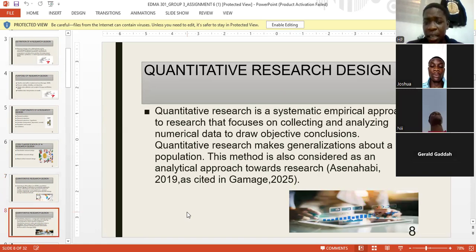We can also say it's a systematic empirical approach to research that focuses on collecting and analyzing numerical data to draw objective conclusions. And so we realize that quantitative data is not really numerical, as seen, it's not numerical. And so the data required is like in abstract form.